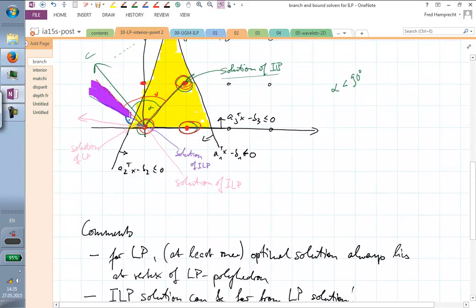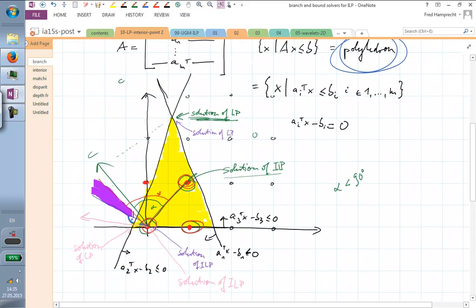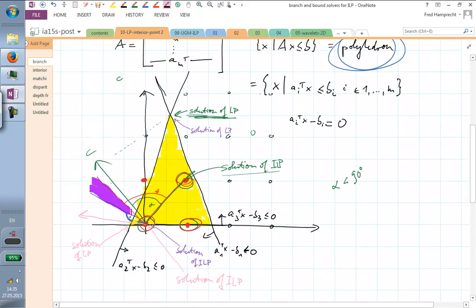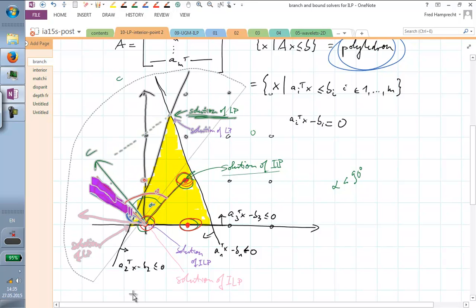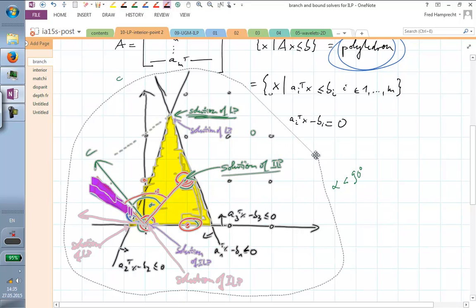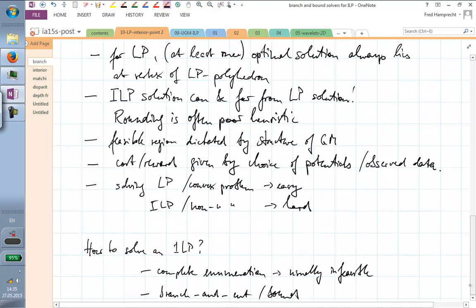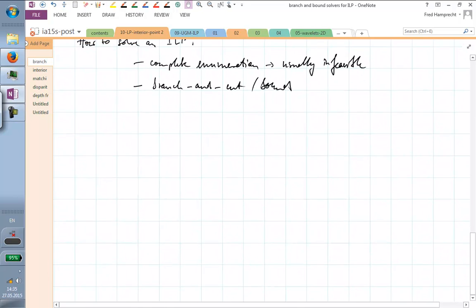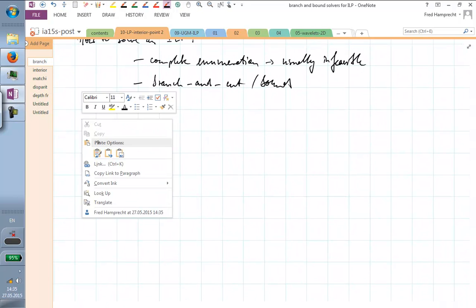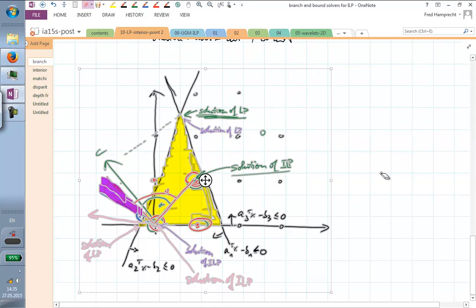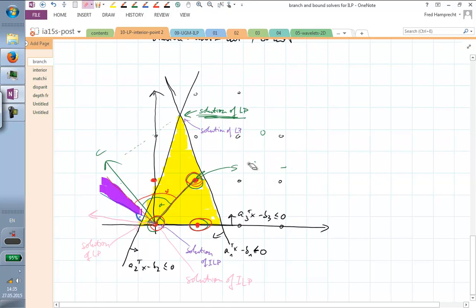And let's look at this again graphically. I will try and copy this and clean it up a little, so we get rid of all the unnecessary stuff.